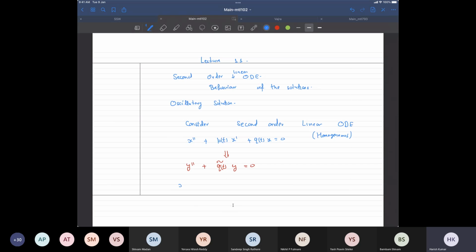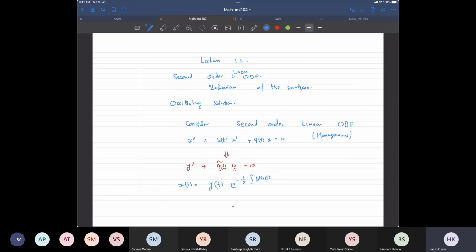You will substitute x of t is equal to y of t times exponential of minus half of the integral of p of t dt, and this p of t is exactly this p of t.